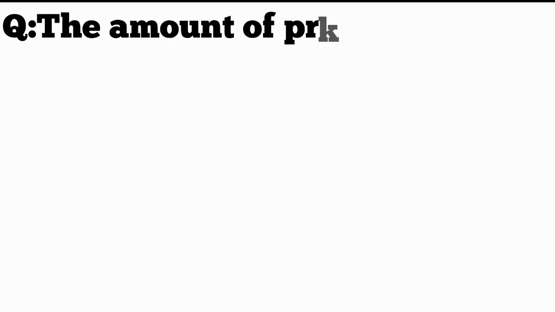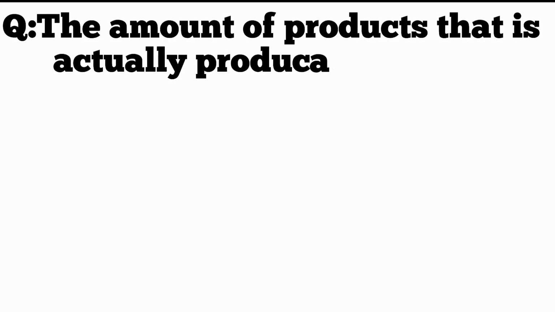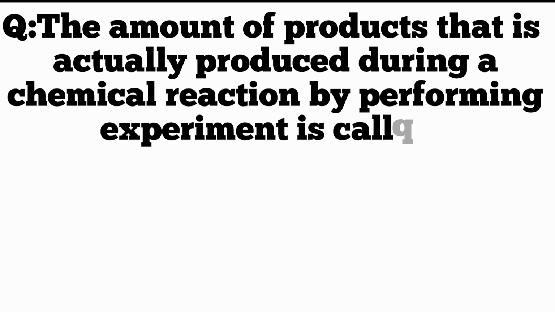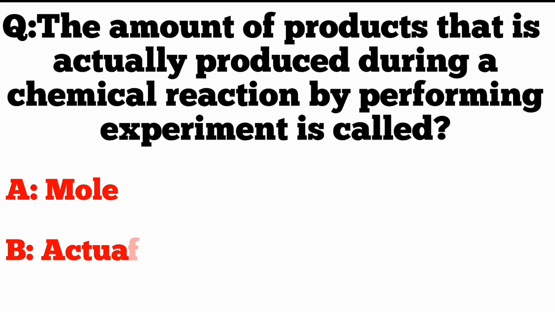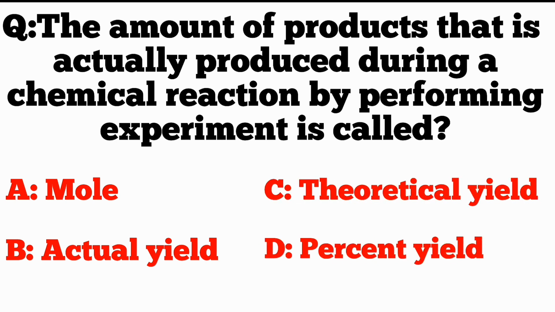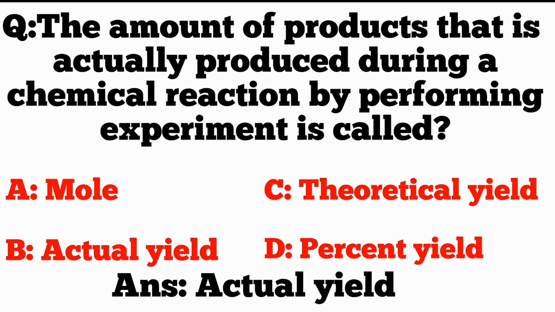Q. The amount of products actually produced during a chemical reaction by performing an experiment is called A. Mole. B. Actual yield. C. Theoretical yield. D. Percent yield. Answer: Actual yield.